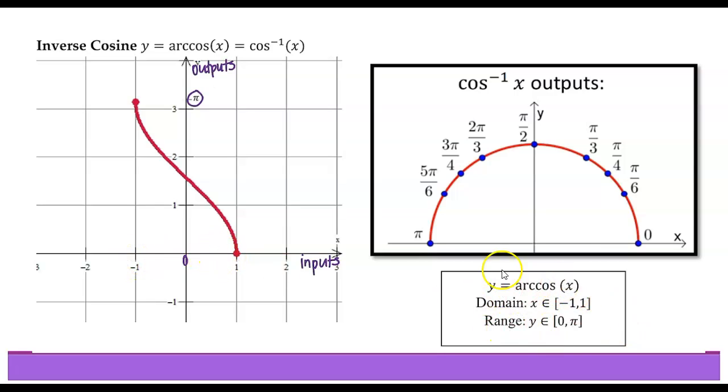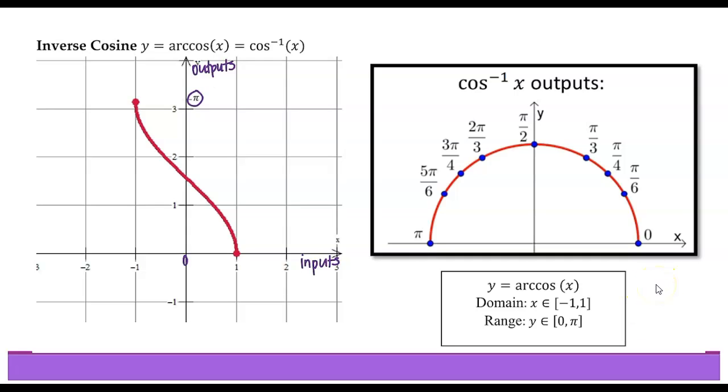If I take a look down here in this bottom box, I have y equals arc cosine x, again equivalent to cosine inverse of x. Its domain, its possible inputs, are only from -1 to 1, including those values. And the range, the values that can come out, those y values, are only from 0 to pi, including 0 and including pi.